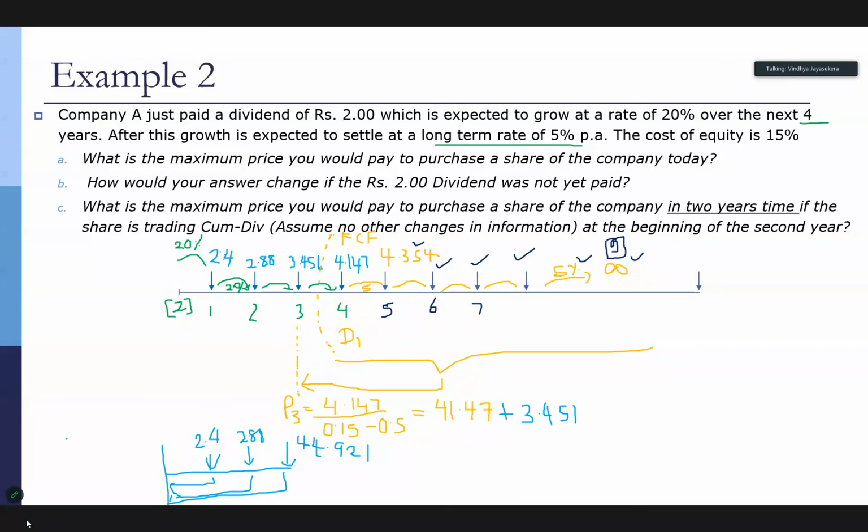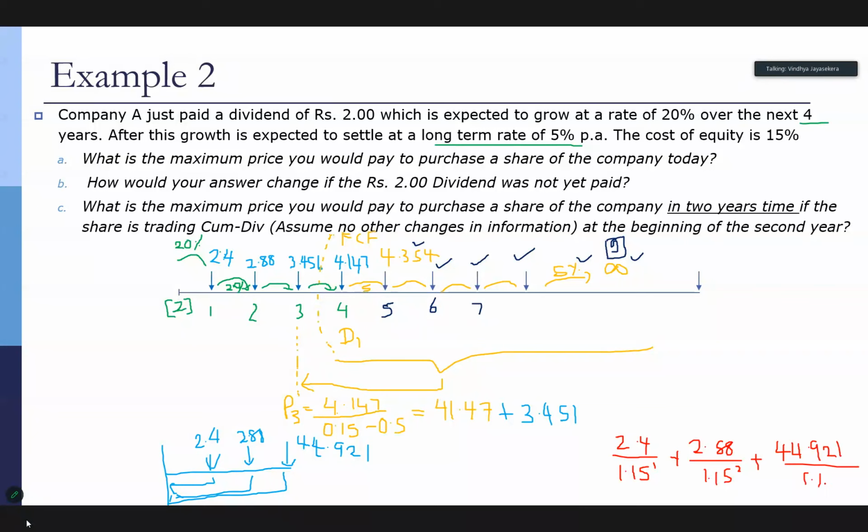So 2.4, I write it separately, 2.4 discounted by 1.15 for 1 year, 2.88 for 2 years, and 44.921 for 3 years.